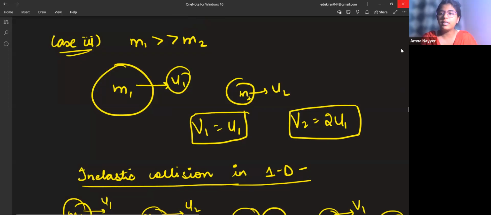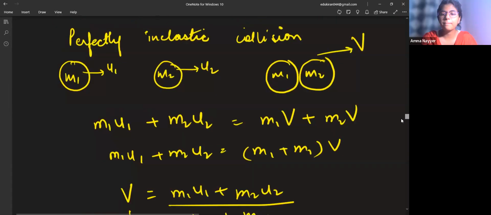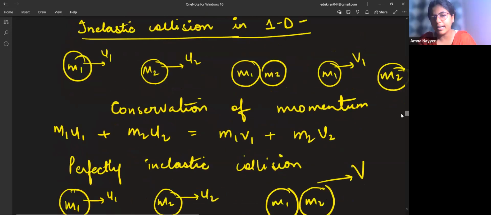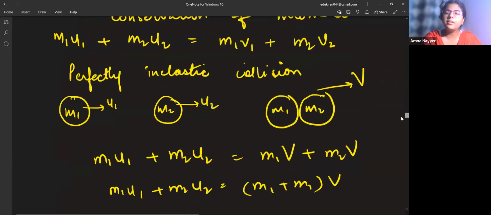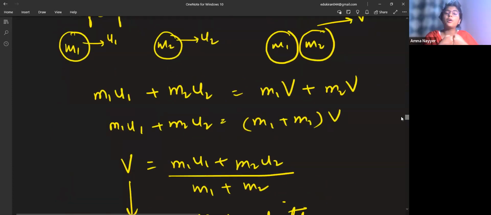Inelastic collision in 1D. See, in inelastic collision in one dimension, what happens? Here you have a perfectly inelastic collision. The steps are still the same, that's why I'm not repeating them. In a perfectly inelastic collision, I have told you the bodies stick.